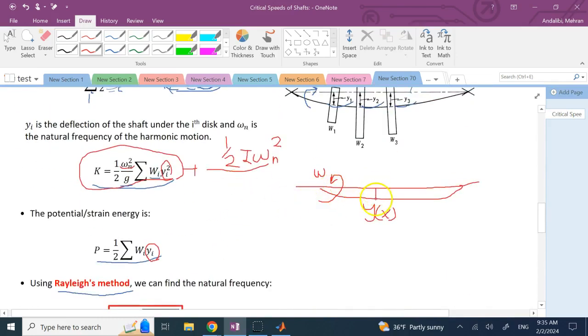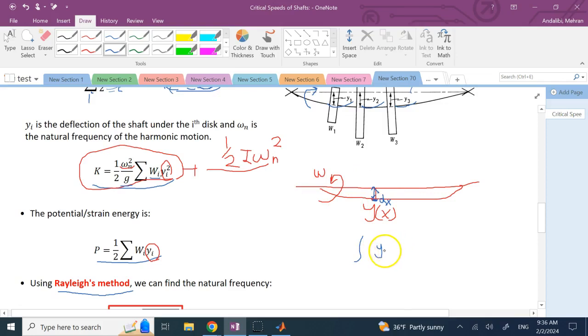So now you have to bring element by element. You have to calculate each small element dx here. Look at its y of x. Calculate its velocity, which is going to be y times omega, the whole thing squared, times dx. So it is going to be like this.